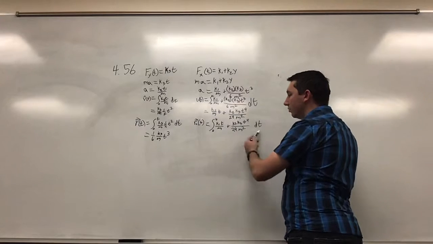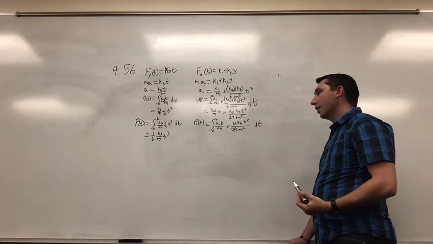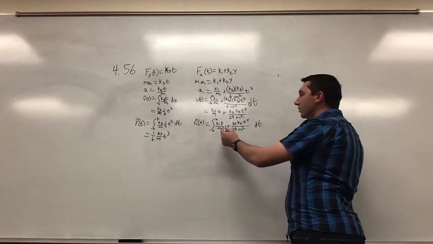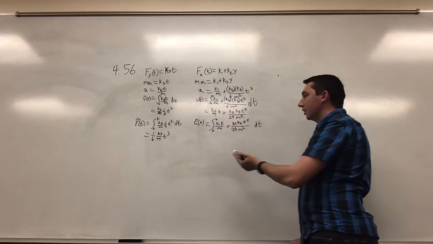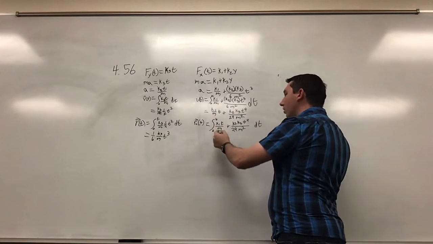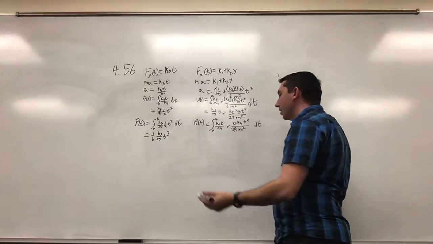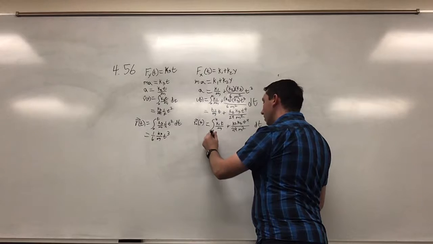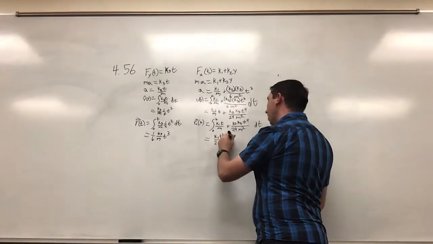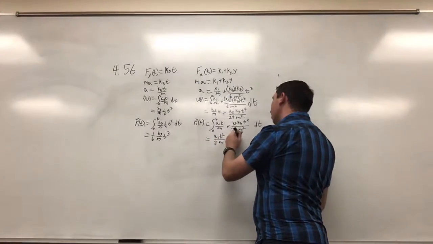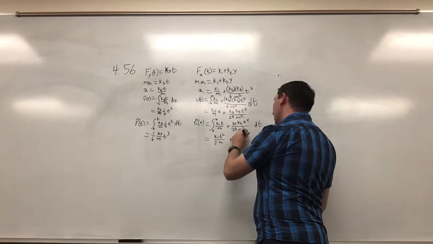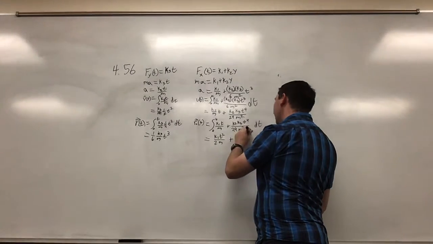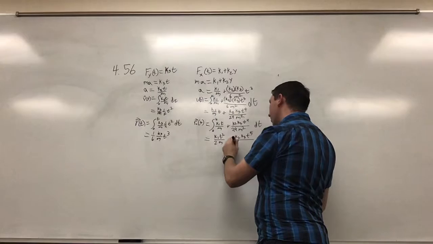You can then, once again, solve both of those as two different integrals added together and pull out all of the constants except for time. That gives us that our position component is equal to k1 times time squared over 2m plus k2 times k3 times t to the fifth over 120m squared.